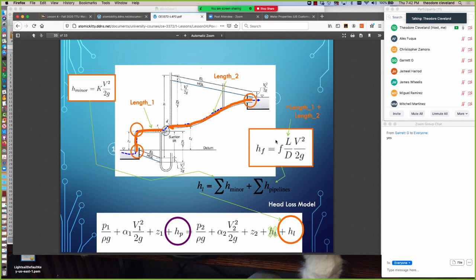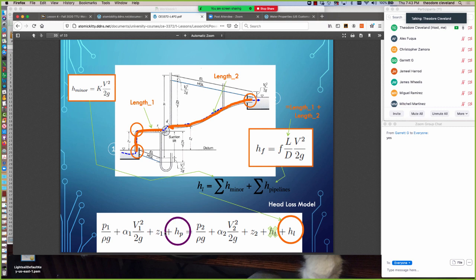And if the diameters change, we can account for that. Then we have the minor losses, in this case for this inlet, this bend, and this exit. We look those up in tables. So we sum all the minor losses, we sum all the pipeline losses, we add those 2 sums together, and that becomes the head loss model for the hydraulic system, or at least for this one that's depicted here.